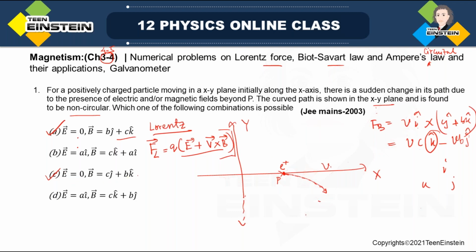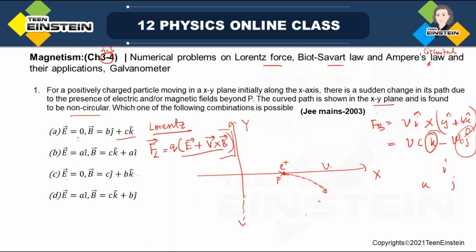That means options C and A are not correct. I hope you have understood why they are not correct, because in these two cases only the magnetic force is responsible for the curved path, but this curved path doesn't have only a minus j component, it has a k component also. So this is not the direction it should have.